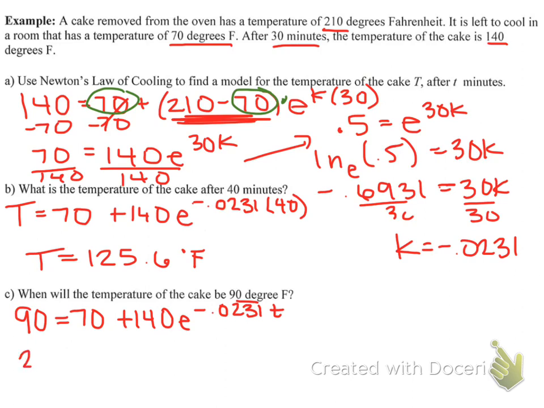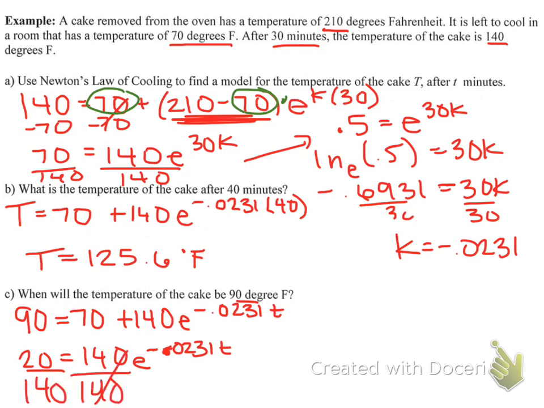Subtract the 70 over, and we're left with 20 equals 140e to the negative 0.0231t. Divide by 140, and we get 1 over 7. So 1 over 7 equals e to the negative 0.0231t.